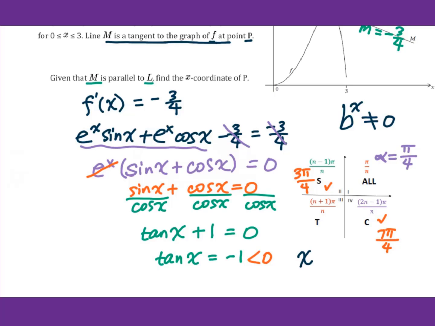So x1 equals 3 pi over 4 and x2 equals 7 pi over 4. You need to check the domain. The x is between 0 and 3. Therefore, this will be the solution, 3 pi over 4.